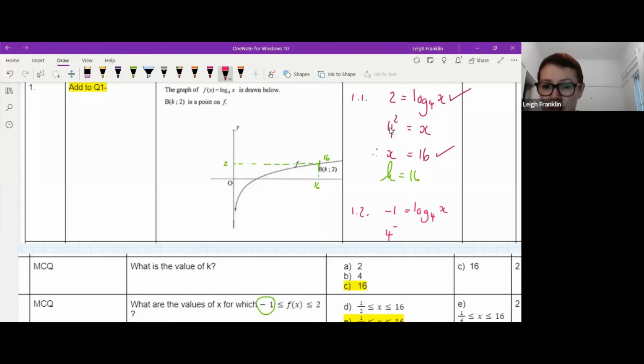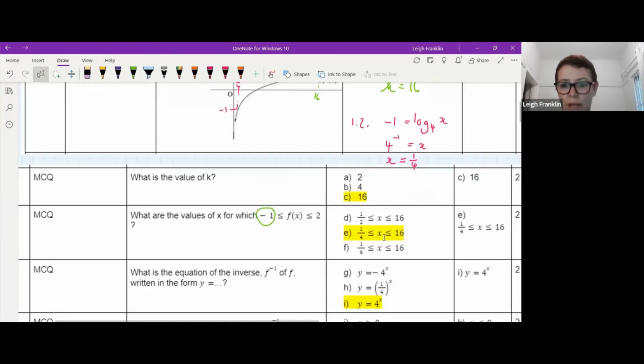Again, base to the exponent equals x, and that would have been where x was equal to 1/4. So that would be somewhere down here. We're saying 1/4 goes in, and we've got -1 coming out as our y. That's why it would have been where x is greater than or equal to 1/4, but smaller than or equal to 16. Is that making sense so far? Any questions?